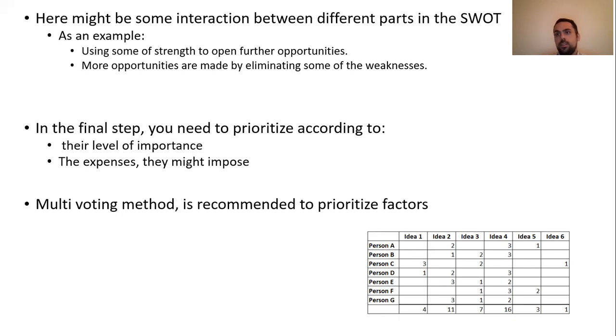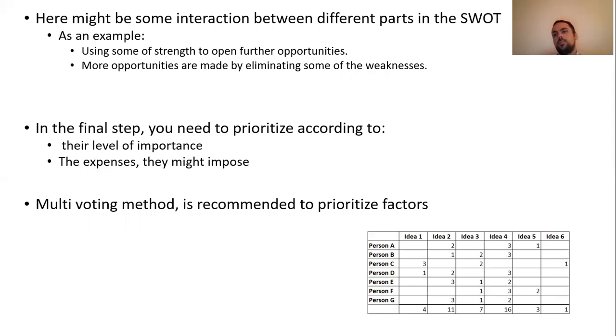At the end, when you have all of these factors, you need to prioritize them. You should prioritize these factors according to two topics: level of importance and expenses. You know that the more expensive they are, the more important they are.